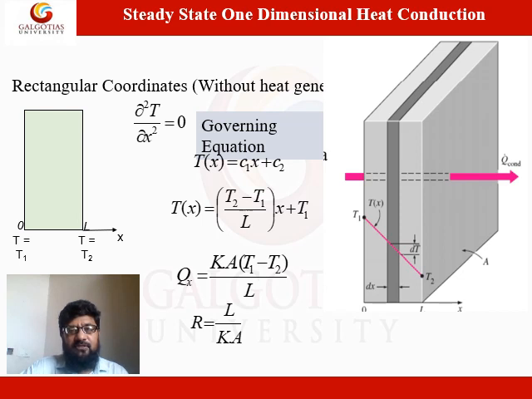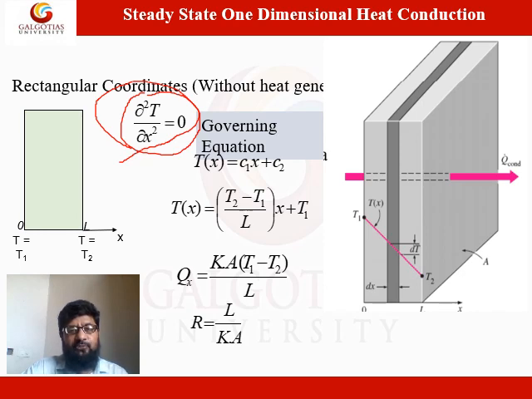So let us take one-dimensional steady state heat conduction through a slab. Because it is one-dimensional and steady state, there will be no term relating temperature to time, and assuming that there is no internal heat generation and the properties are constant, our heat conduction equation reduces to d2T by dx2 equal to 0.